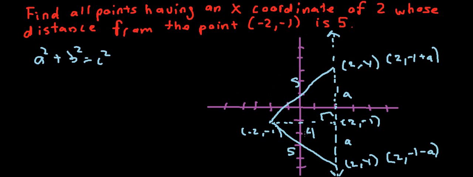So now that we know what we're looking for, let's go ahead and use the Pythagorean theorem. So we have a squared, which we don't know, plus 4 squared is equal to c squared, which is 5. And it's critical here that you don't mess up with the Pythagorean theorem. Remember, c is always the longest side.